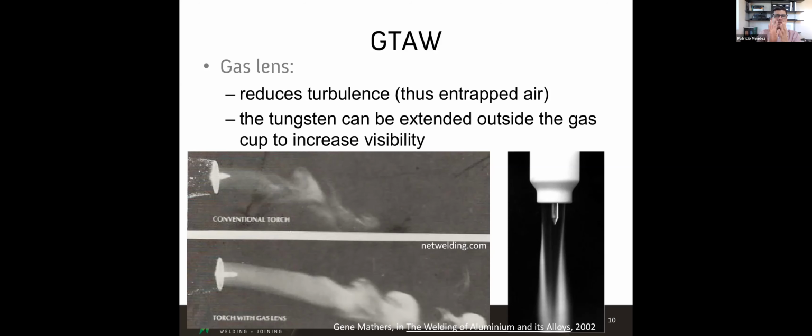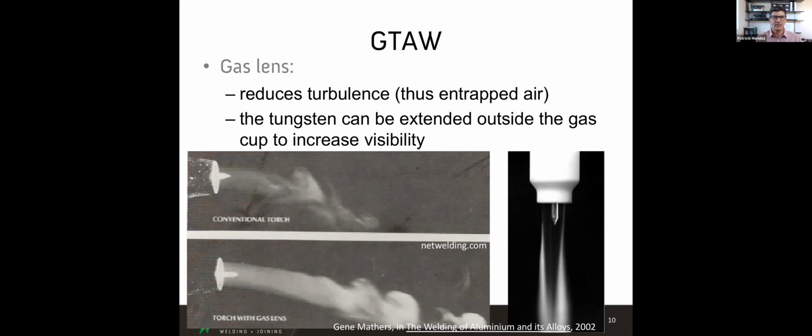It's like fins. And that makes the laminar flow. That's exactly what a gas lens is. When you open up the torch, you get to see how it has these little passages to make the air laminar.